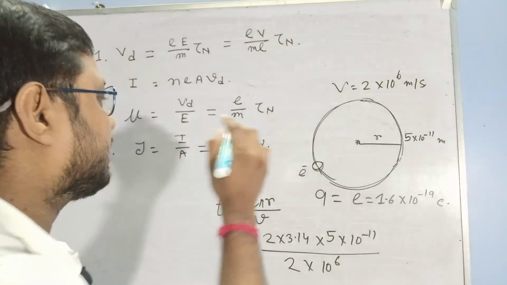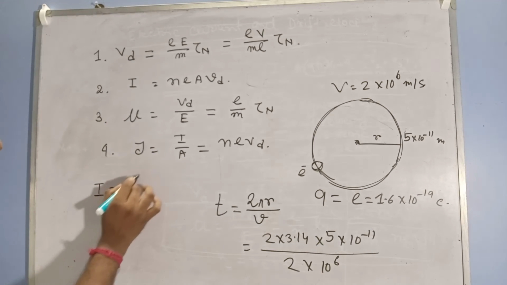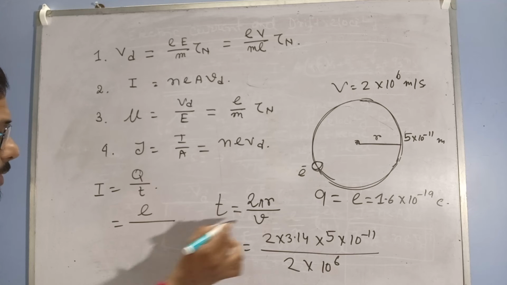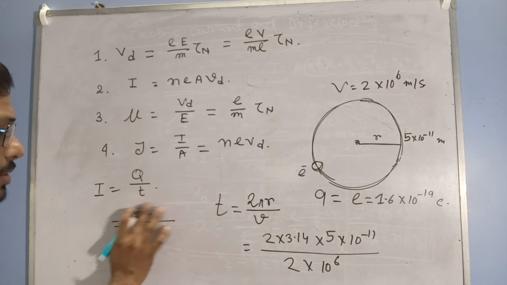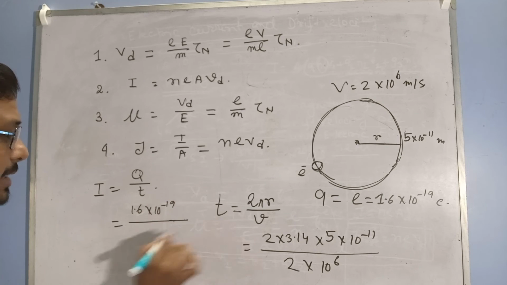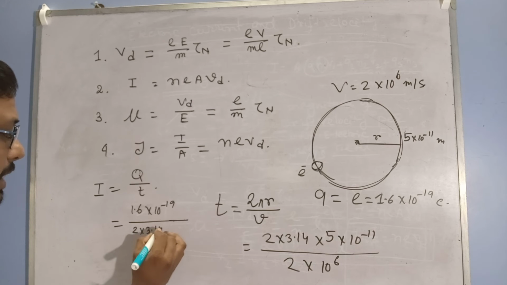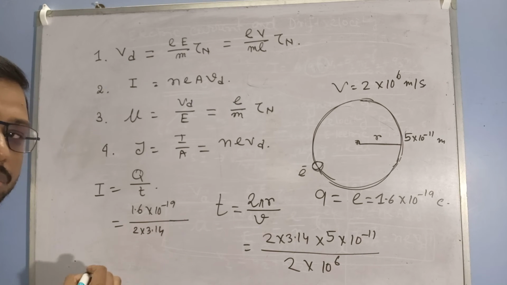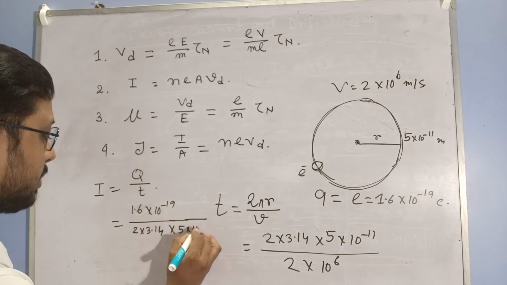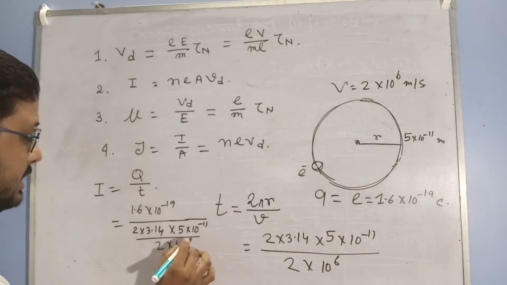Then I equals total charge upon time. The total charge here is Q, that is e equal to 1.6 into 10 to the power minus 19, divided by this term, 2 into 3.14 into 5 into 10 to the power minus 11, divided by 2 into 10 to the power 6.